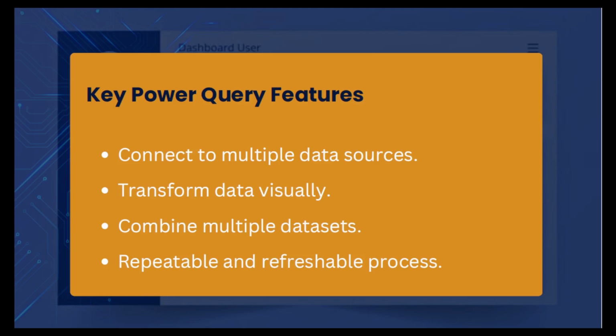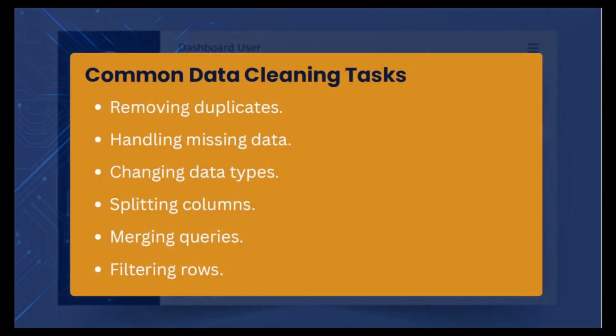So you can actually track your data transformation journey. Next, it combines multiple data sets. Yes, it can combine multiple data sets by merging them or appending them basically. Then you have a repeatable and refreshable process. So you can automate the process, and then you can do some refreshing as well.